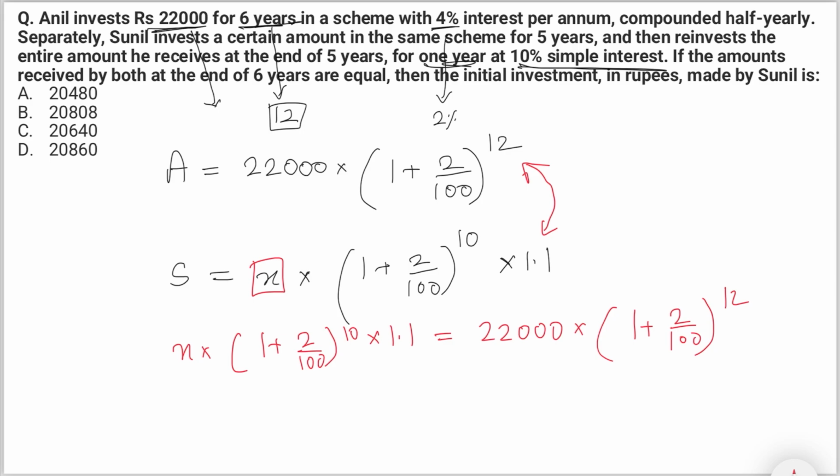Now 1 plus 2 by 100 raised to 10 will get cancelled out from both sides. Here 12 minus 10, only the power 2 remains. I could also cancel out 1.1 from both sides. 1.1 into 20,000 would give me 22,000, right? So finally X will be nothing but 20,000 into 1 plus 2 by 100, that is 1.02, the whole square.